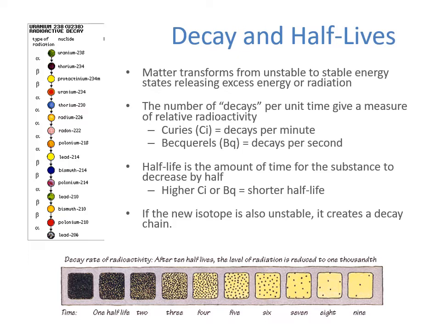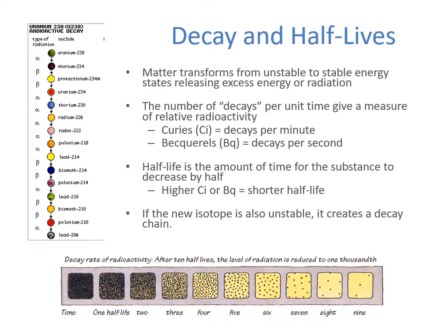Now, the other way to visually see this is the example at the bottom, which shows decay over time and the number of half-lives. On the left, the block is almost completely filled with particles, or atoms that are going to decay. Moving from left to right, in each box about half of the dots turn from black to yellow.